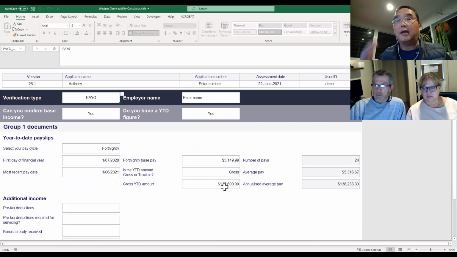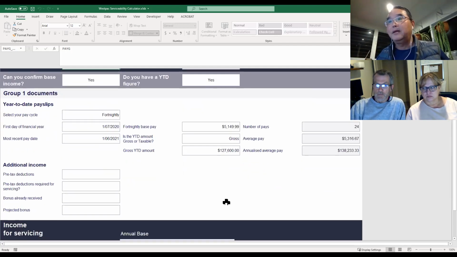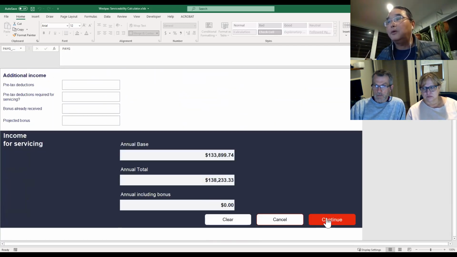If your allowance or non-base income will factor into this YTD figure. So that's why your annualized income is about 138,000. We use all the figures in your payslip.